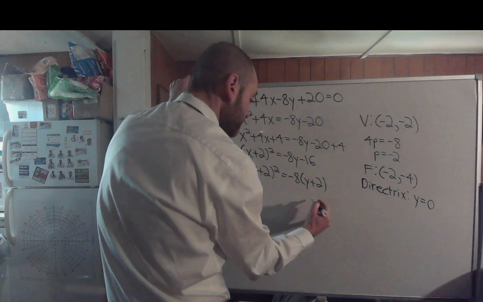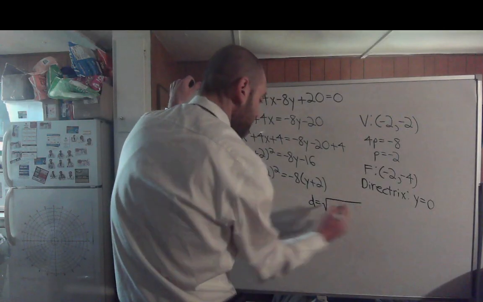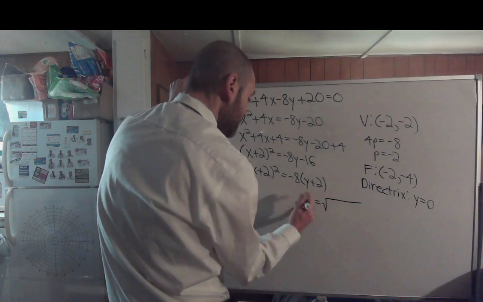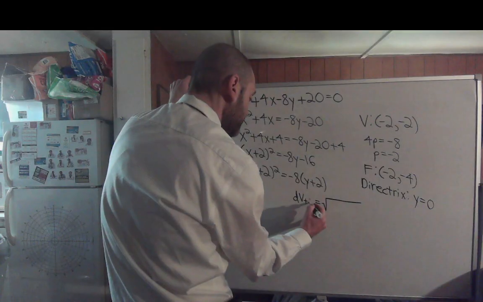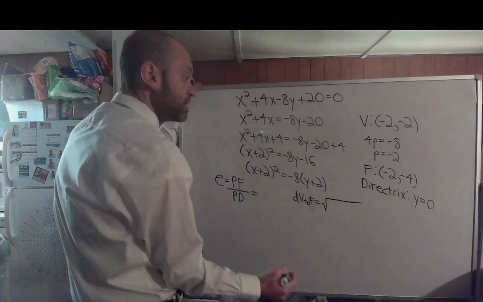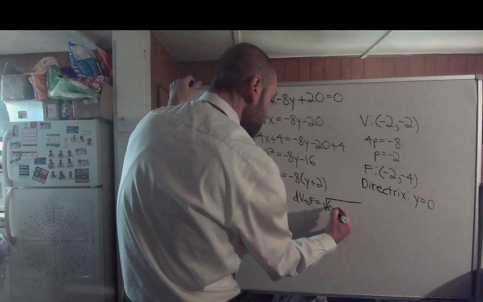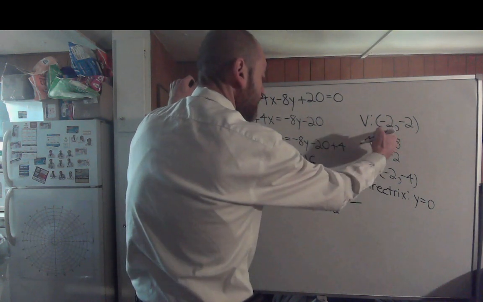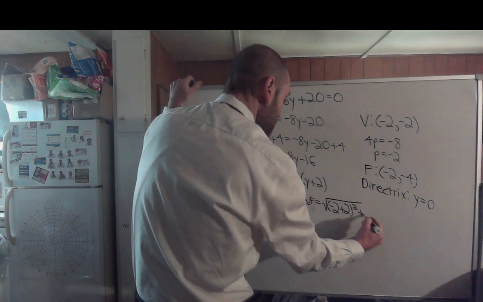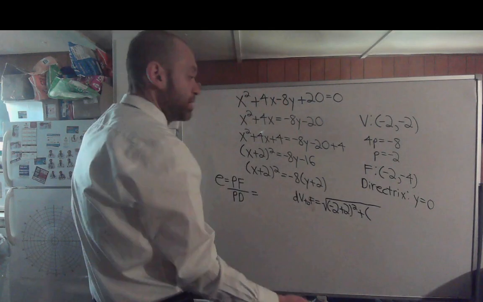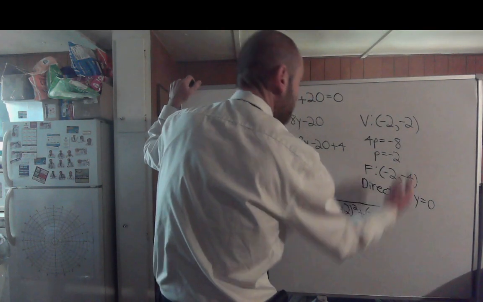So let's go from the vertex to the focus. What's the distance from the vertex to the focus? If I make my x2 negative 2, I'll use the distance formula. Negative 2 minus negative 2, that'd be negative 2 plus 2 quantity squared, plus, now if I take my y2 of negative 4, so that'd be negative 4 minus that negative 2.